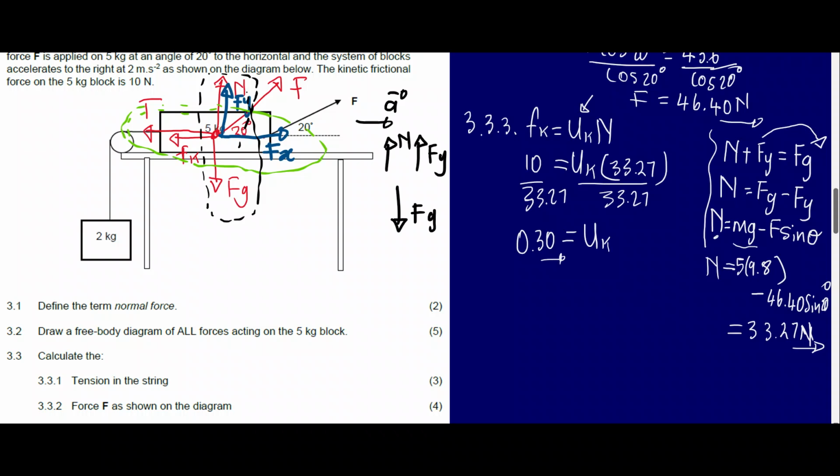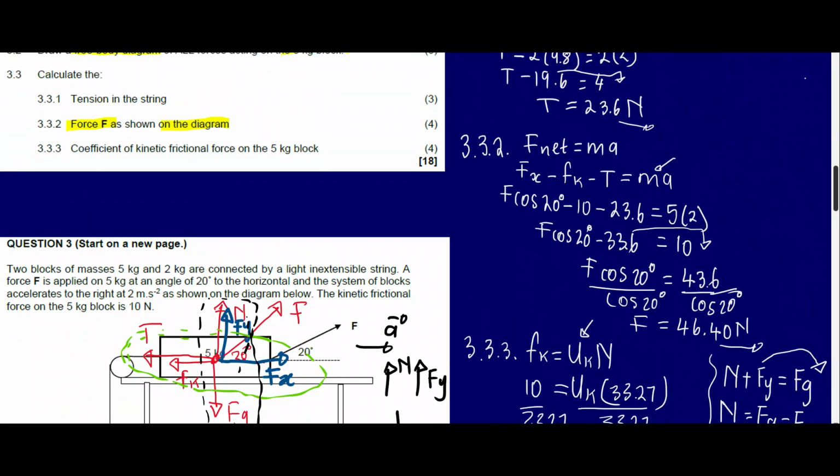I think it looks correct, because the mu k value does not have SI units, remember. The newtons for the FK would cancel with the newtons for the normal force. The mu k value should range between 0 and 1, and if you get answers that look like this, they are convincing, mostly 0.2 and something like that.